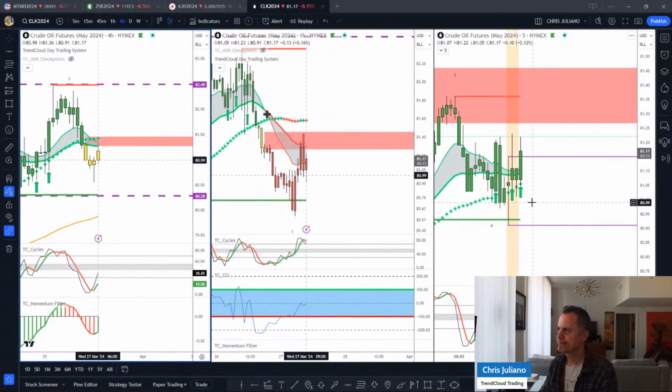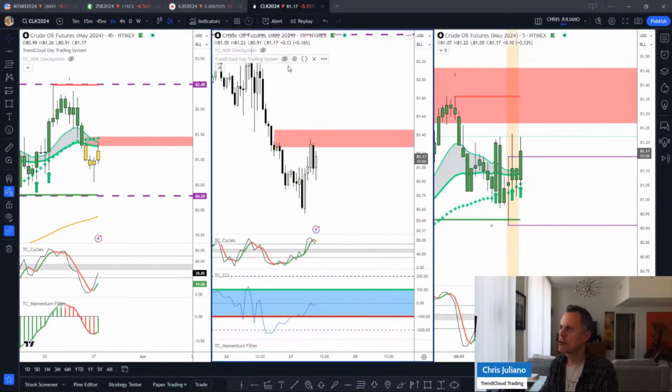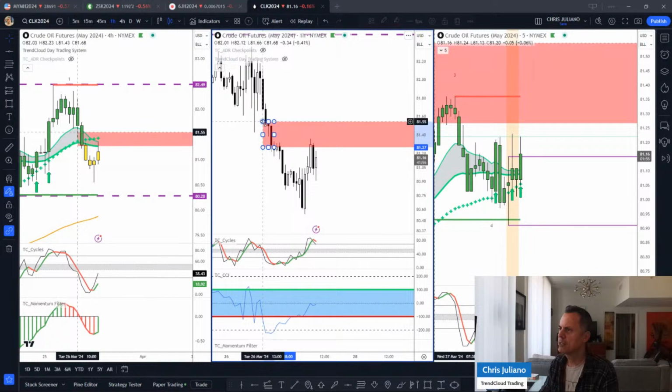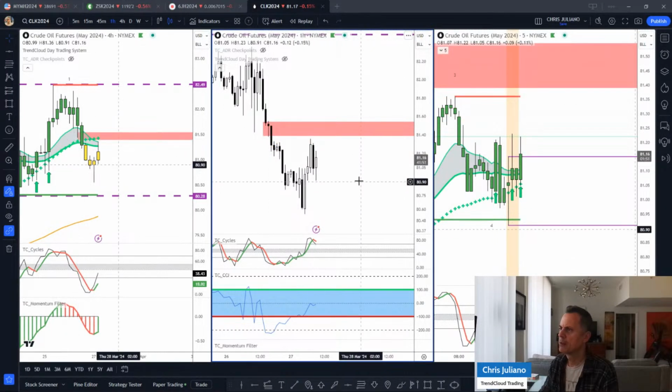All right. Crude oil breaking out of the opening range, heading for, what do we have here on that 1 hour chart? Broke through this consolidation here. And what do we have right here? Okay. There's your supply zone right there.